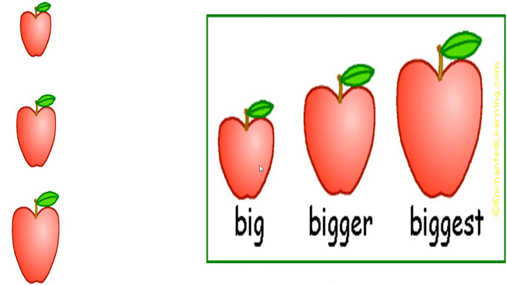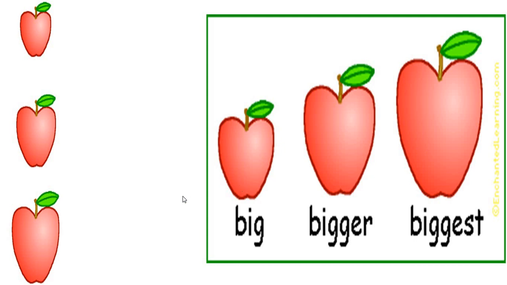Okay, this we can also write smaller. This one is smaller than this, so it is smaller, but here I have given big. Okay, the adjective I have taken is big, so it is big. It is bigger than this one, so we are writing bigger. And this is the biggest. Okay, this is the biggest.